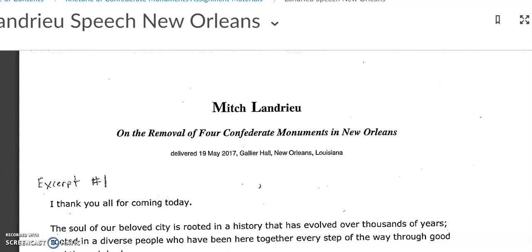Mitch Landrieu was the Democratic mayor of New Orleans for 6 years, from 2004 to 2010. And he voted to remove the 4 Confederate monuments quietly in the middle of the night while other cities were having riots and people were just pulling them down by themselves and things like that.